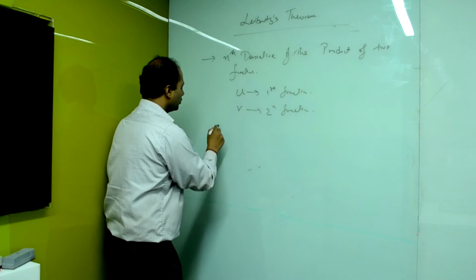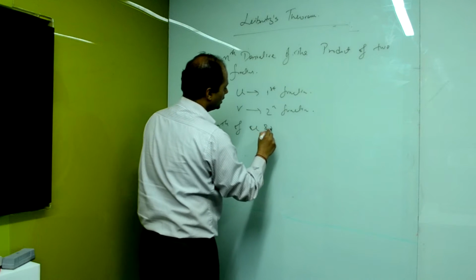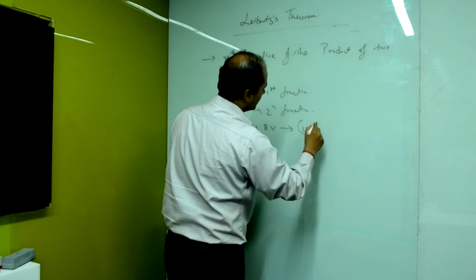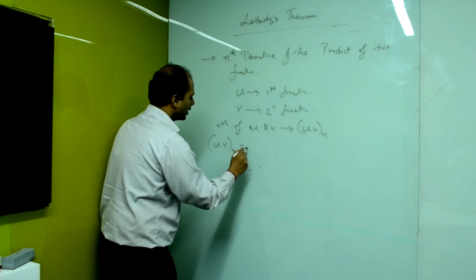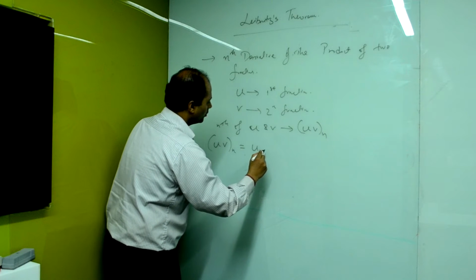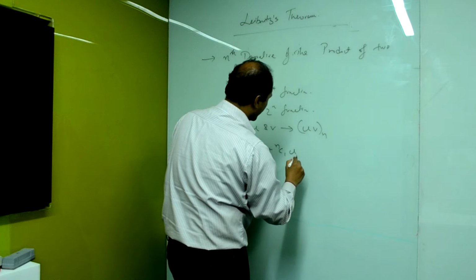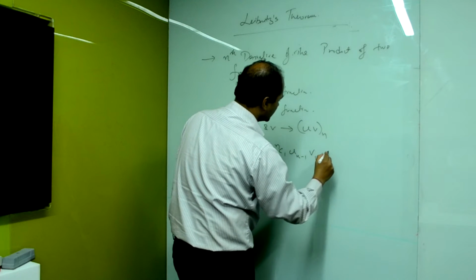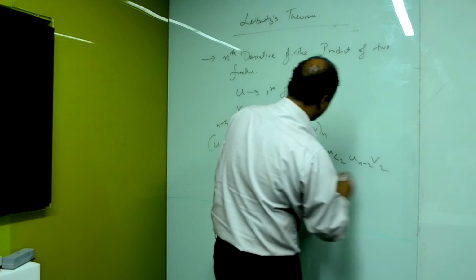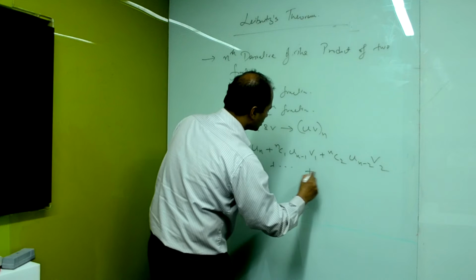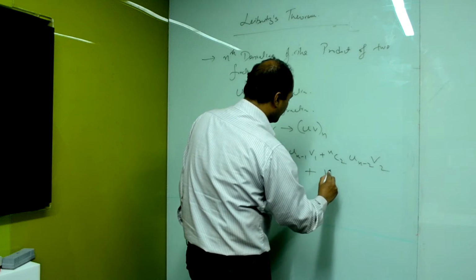The nth derivative of uv, denoted by (uv)n, is given by u_n v plus nC1 u_(n-1) v1 plus nC2 u_(n-2) v2, and so on and so forth up to v_n.